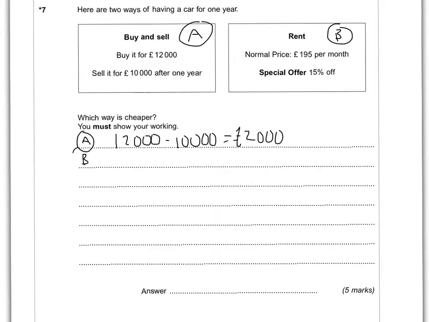So I am given the original amount, 195, and I want it to go down by 15%. So I'm interested in 85%. A couple of different ways of doing that. I'm going to say that 100%, the original amount, is 195. I'm then going to go via 1%. This is the unitary method.